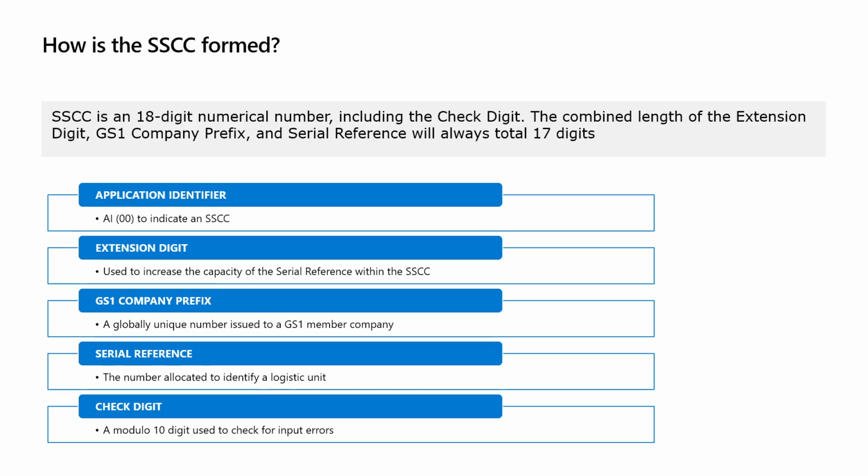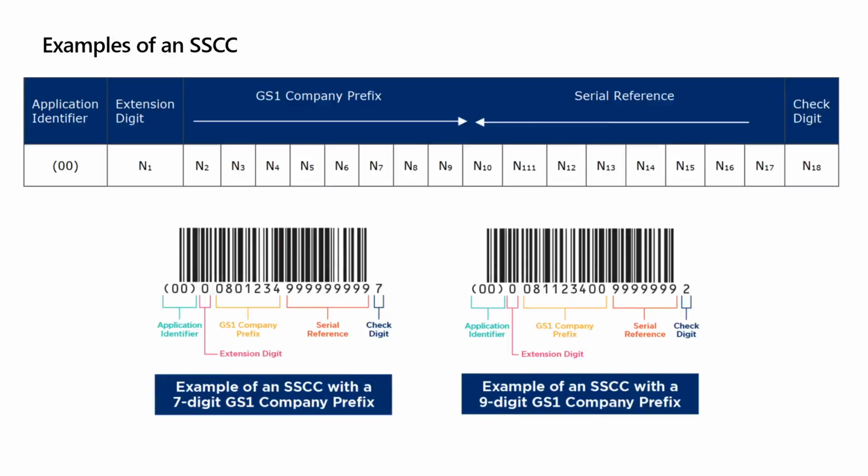Then we have the GS1 company prefix, and this is a globally unique number that is provided by the GS1 organization to their members. Then we have the serial reference, and this is just a number sequence that is allocated to identify the logistic unit. At the end, we have 1 digit for the check digit, and simply the check digit is a way that is used for the data integrity and error validation that is performed by a calculation formula to ensure that the value is correct.